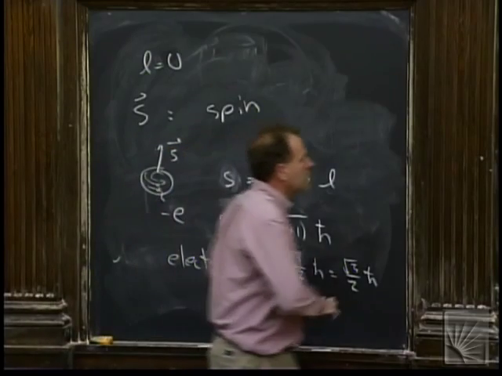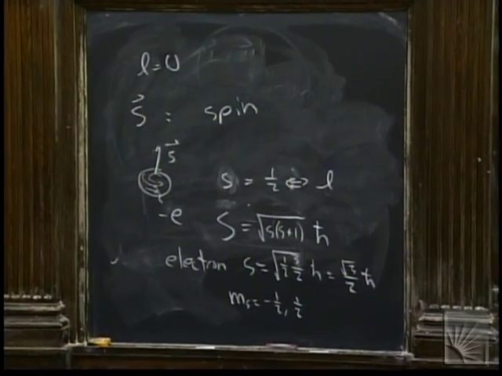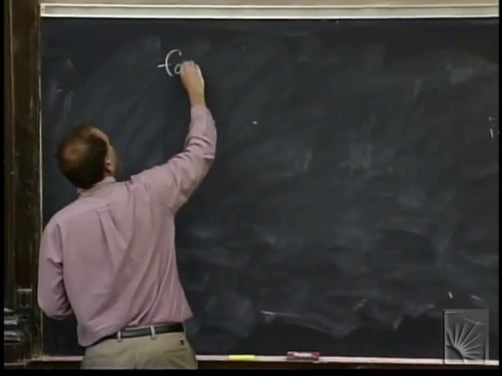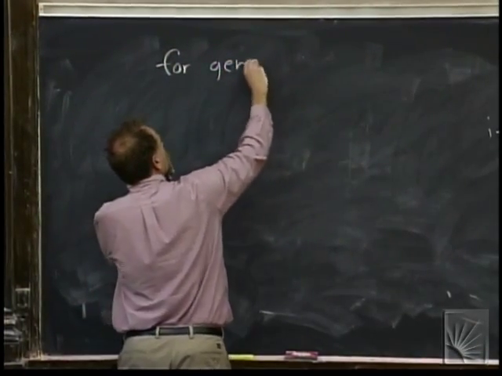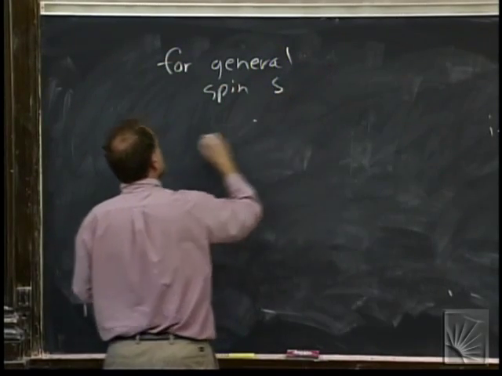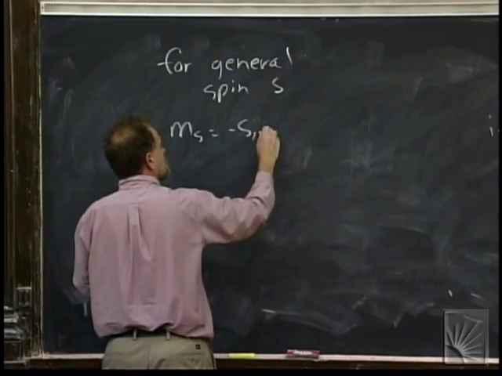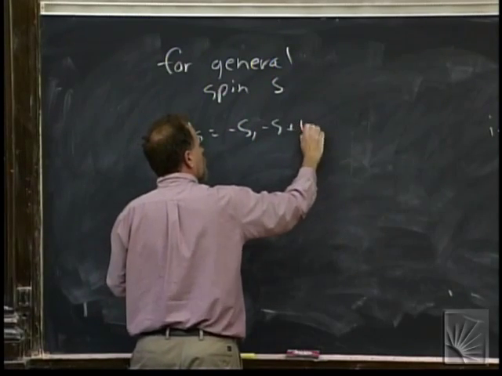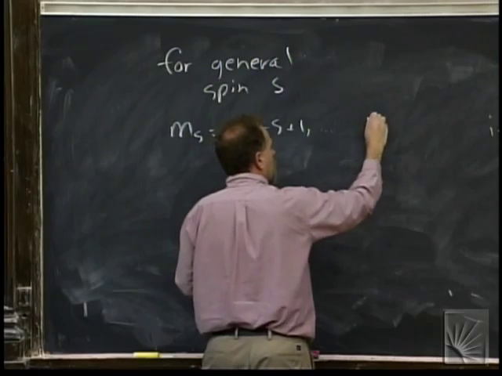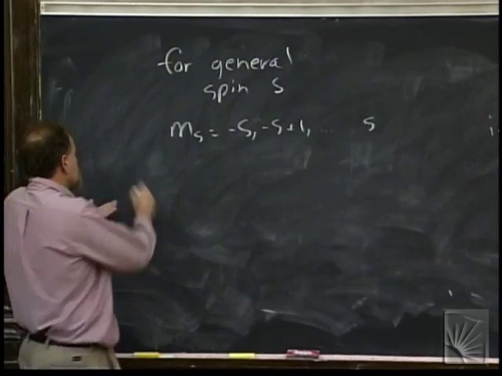Or more generally, for general spin s, m sub s goes from minus s, adding 1 each time, up to s. And then there's a difference.